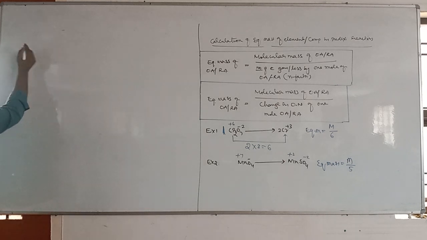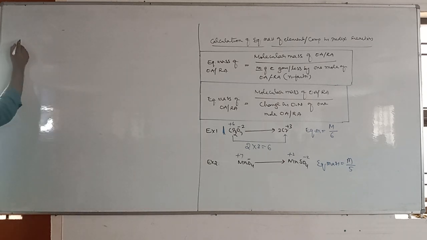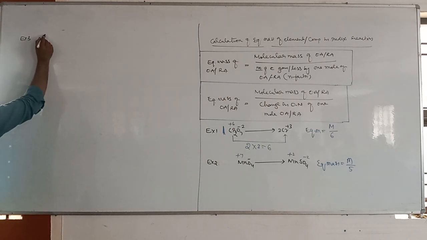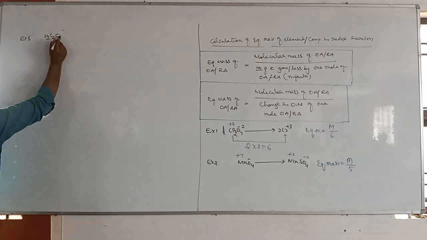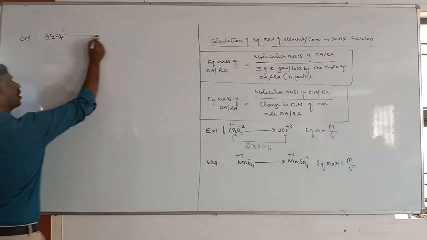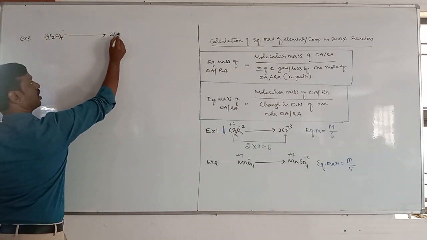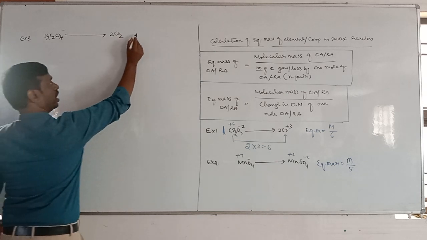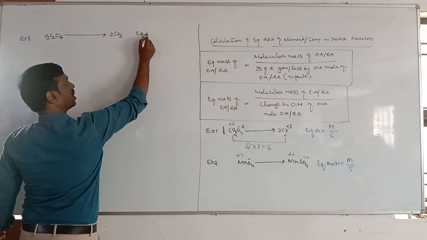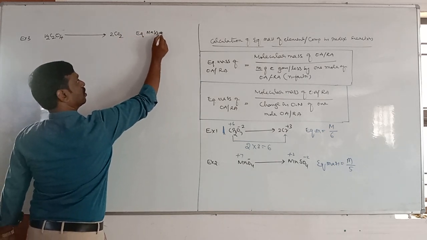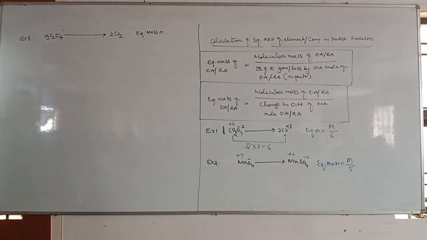Next, one more example. H2C2O4, oxalic acid, is converted to carbon dioxide. Calculate the equivalent mass of oxalic acid. M by 2. Why?